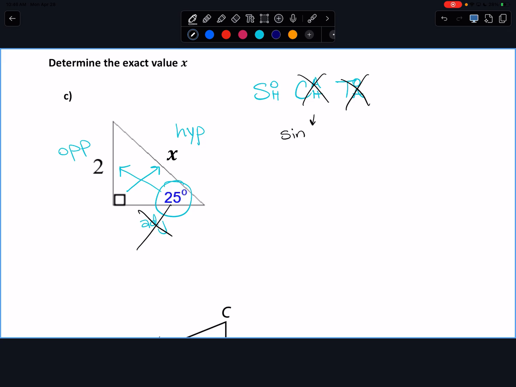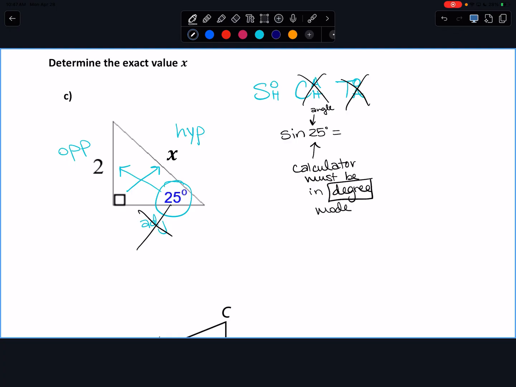Sine of the angle. There's a reason why I've been saying that to you for weeks now. The sine of the angle. What's the angle? 25 degrees. That's very important because your calculator must be in degree mode. That is super important.